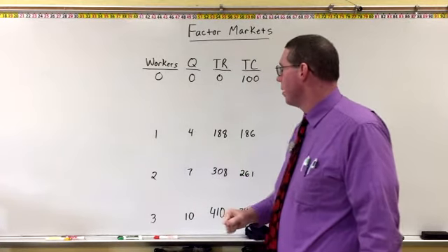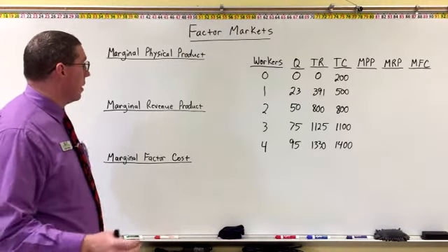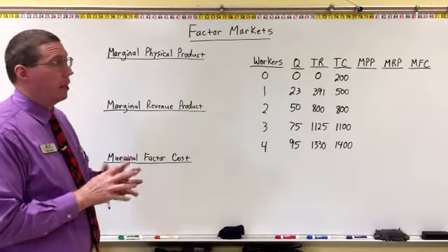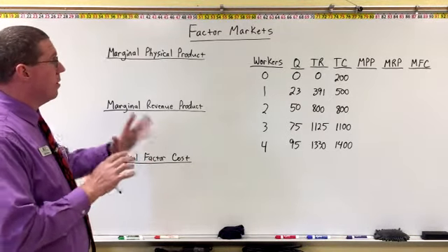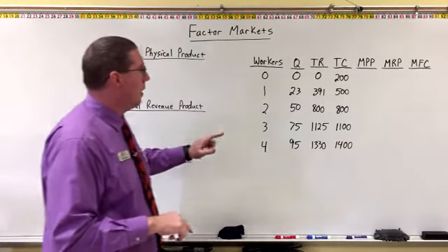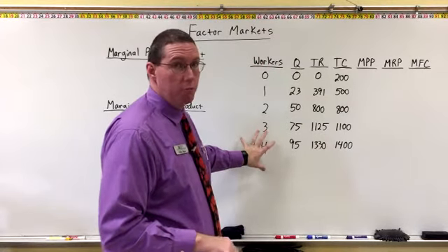And I think that's going to make sense in what we're going to do in just a couple minutes. All right, so what I'm going to do now is I'm going to explain 3 new concepts to you. And they're very easy to understand, and we can do it, but these concepts are only relevant when our independent variable is a factor of production.